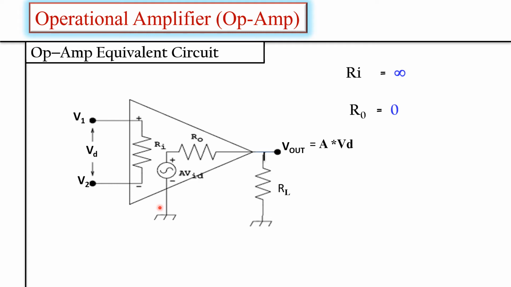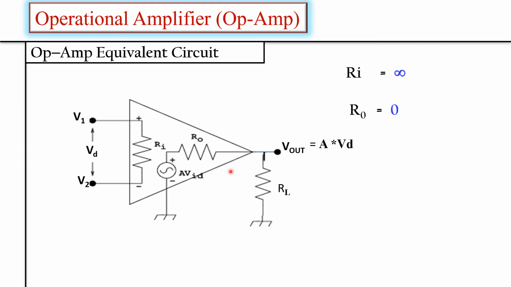Similarly, the output impedance of this op-amp should be equal to 0. That means whenever we apply a load to this op-amp, the output voltage should directly come across this output load.